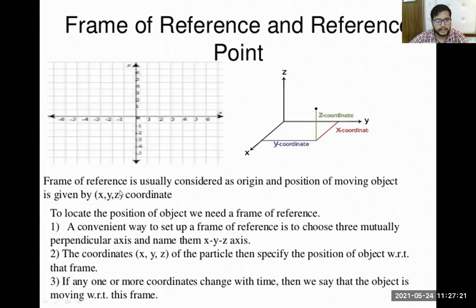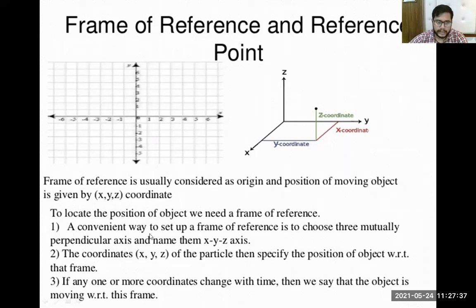You can say the reference frame is usually considered at the origin, and the position of the moving object is given by the XYZ coordinates. To locate the position of this object, we need a reference frame.